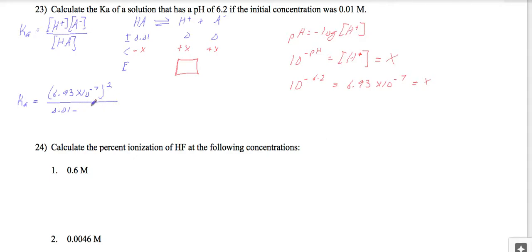Really, that's just going to be 0.01, but I'll show the work. You're taking 0.01 and subtracting 0.0000069, and so it's going to come out to be 0.01. So the Ka ends up equaling 5.74 times 10 to the negative 6th. So that's how you do that kind of a problem.